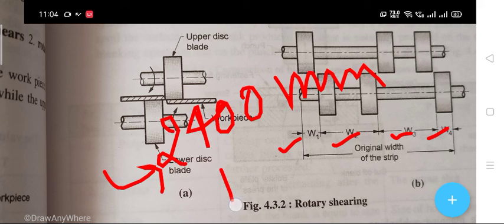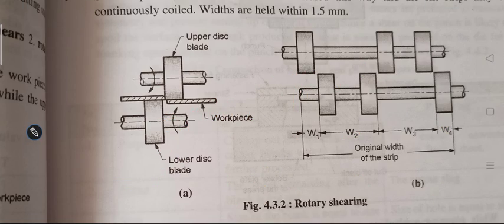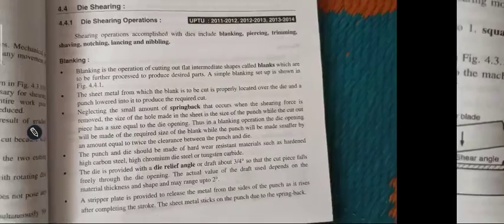Widths are held to 1.5 mm. So this is the rotary shearing diagram.